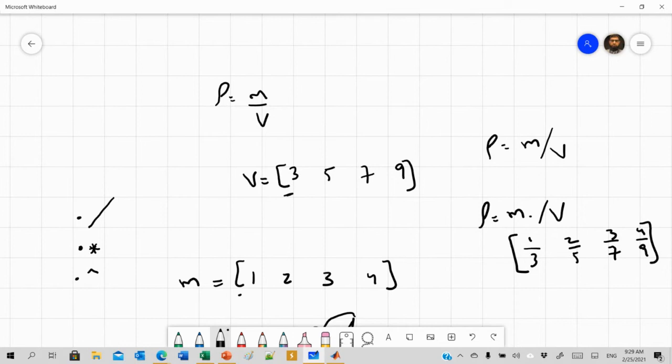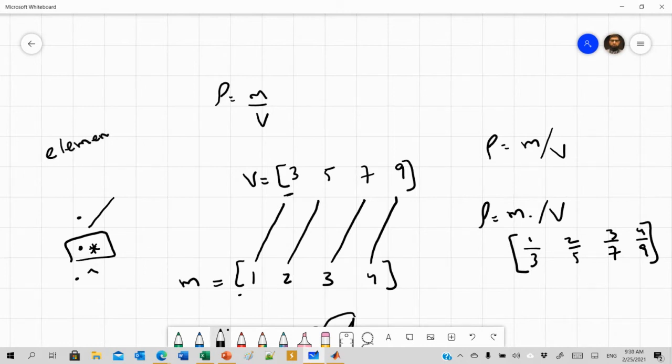Same thing if I do multiplication with a dot, I'll get 1 multiplied by 3, 2 multiplied by 5, 3 multiplied by 7, 4 multiplied by 9. This we call the element wise operations.